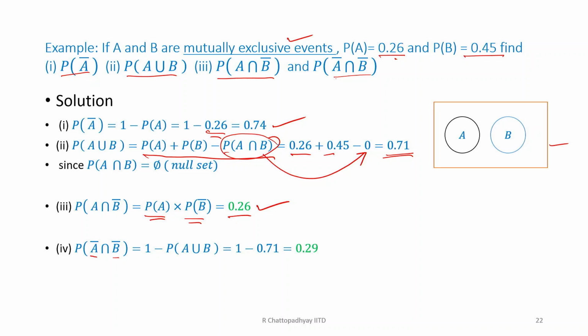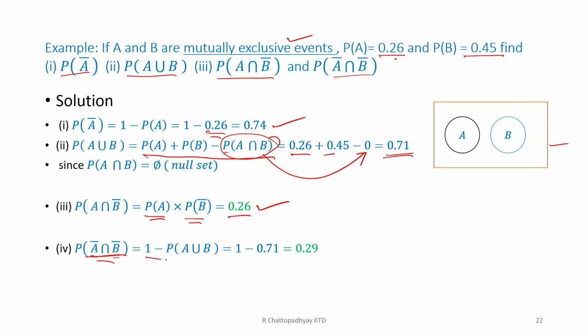So A complement and B complement intersection means the area outside A and B. If you look at this diagram, because they are mutually exclusive events, P(A complement) means the area outside A, P(B complement) means the area outside B. So whatever area of this rectangle I find, excluding A and B, that area is basically P(A complement intersection B complement).